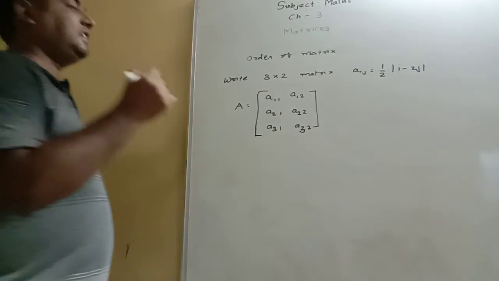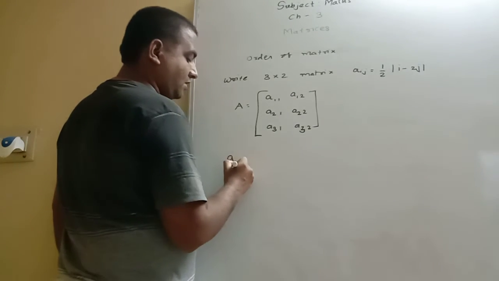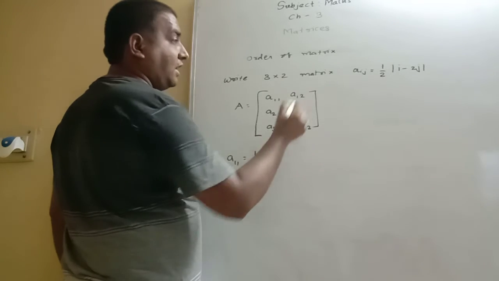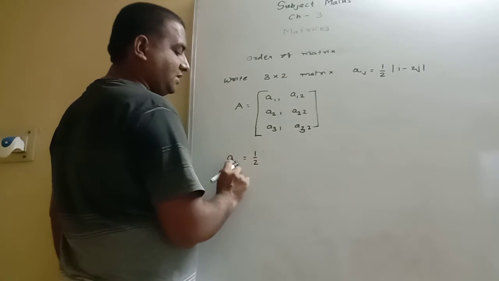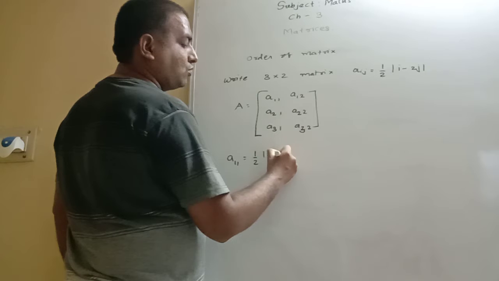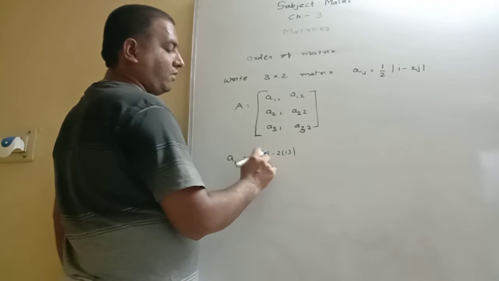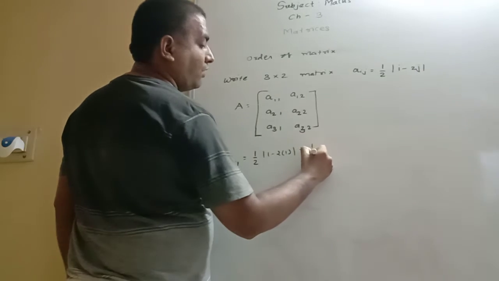Now Aij equals 1 by 2 times the modulus of i minus 2j. So A11 is equal to 1 by 2 times the modulus of 1 minus 2 into 1, that is 2 minus 1, which is 1, so 1 by 2.